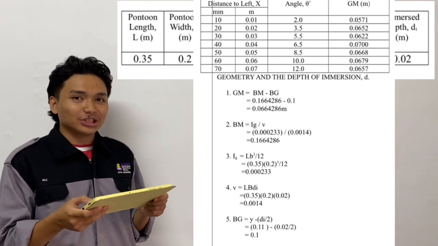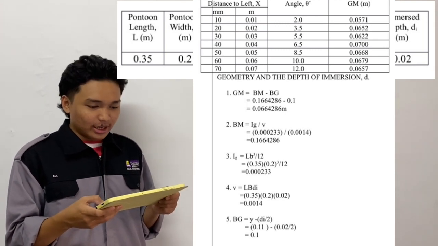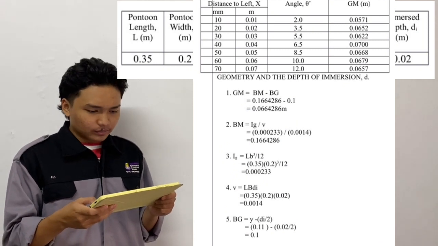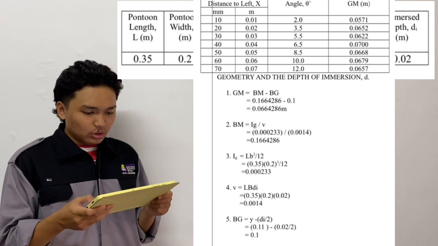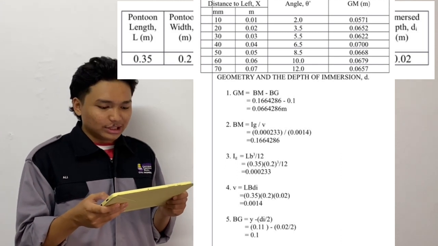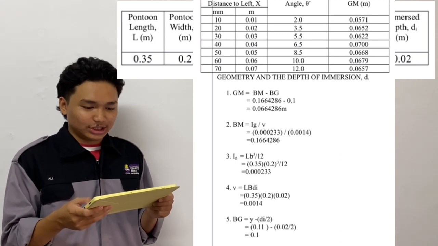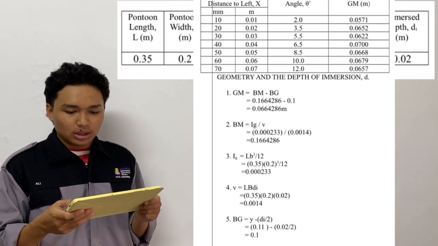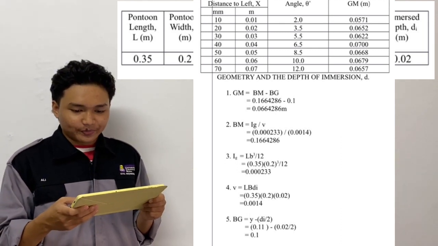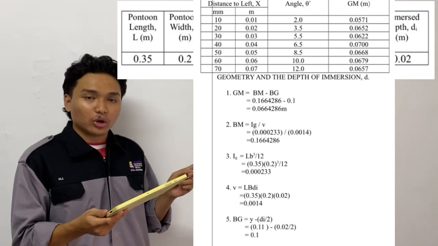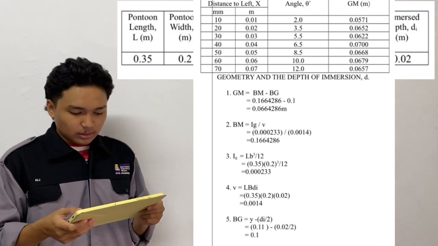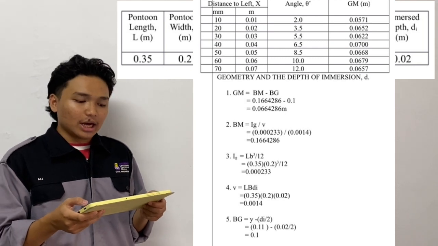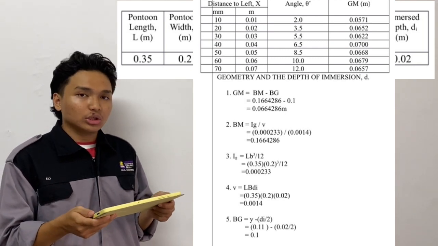We get 0.0014, and then IG over V we get 0.1664286, and then for the BG, which is Y we take from center of gravity 0.11. BG is equal to Y minus DI over 2, which is 0.1.